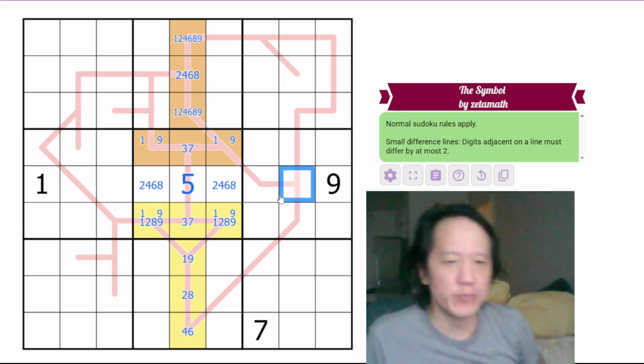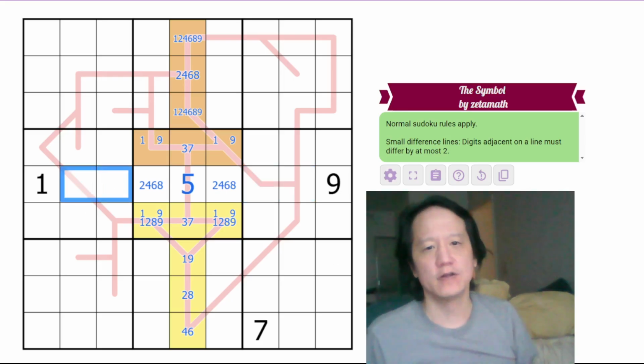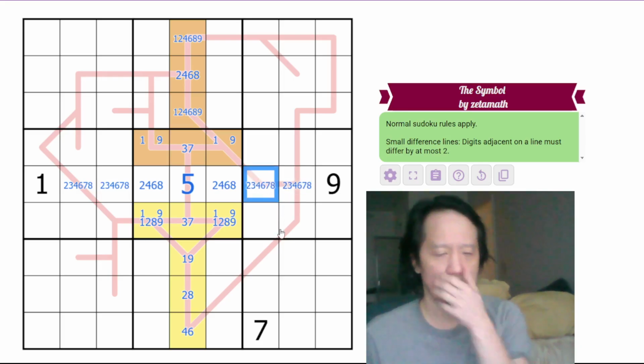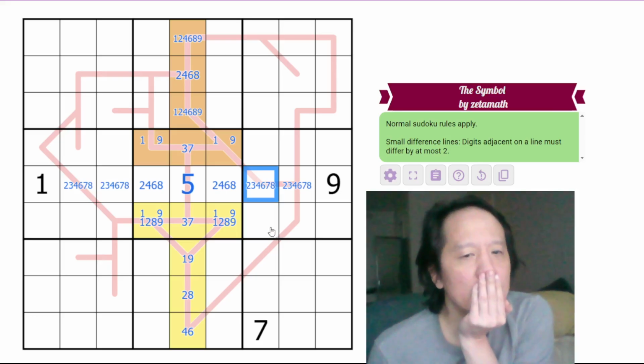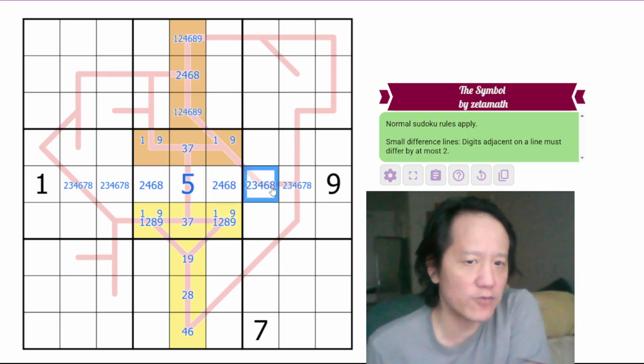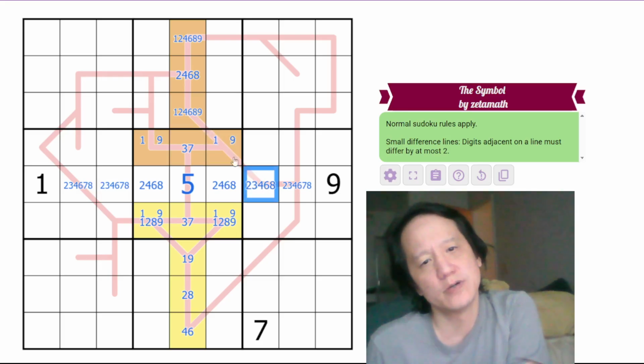Okay, what are the remaining digits in row 5 then? We have 2, 3, 4, 6, 7, 8. This cannot be 7. Can it ever be 2 or 8 here? I guess if it's the same set as this cell, but we don't know.